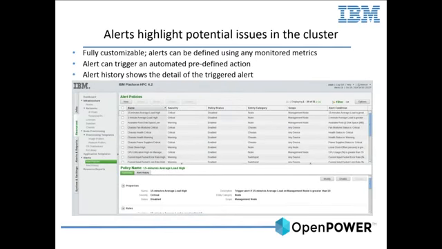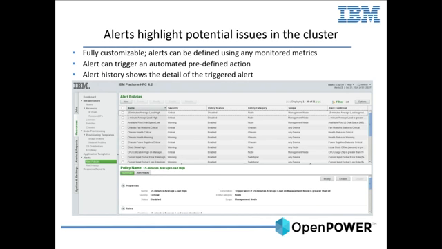So, alert. We have a very good alert framework that is based on the monitoring functionality. So the user can customize their alert mechanism. Also, alert can trigger automated predefined actions.